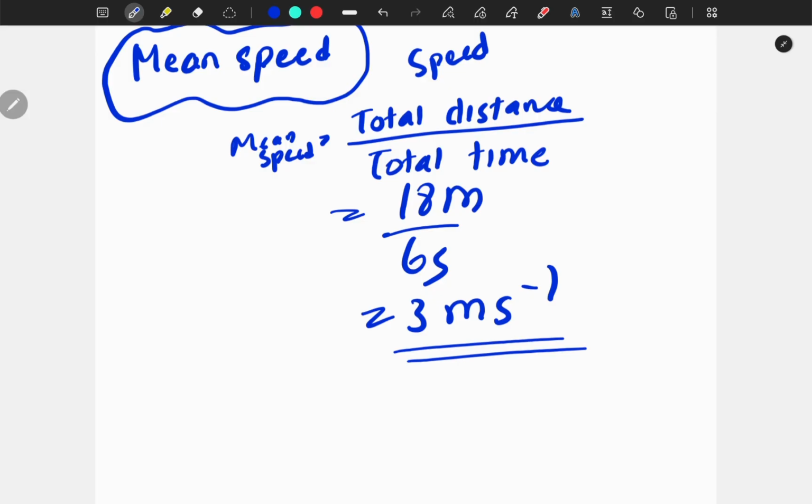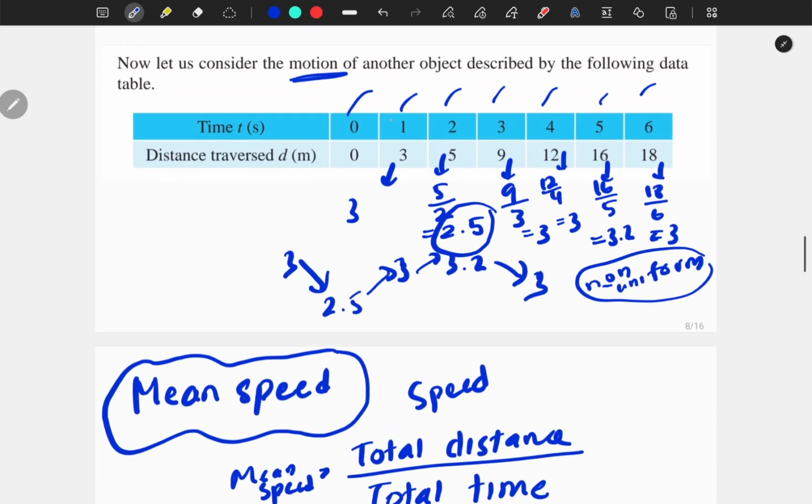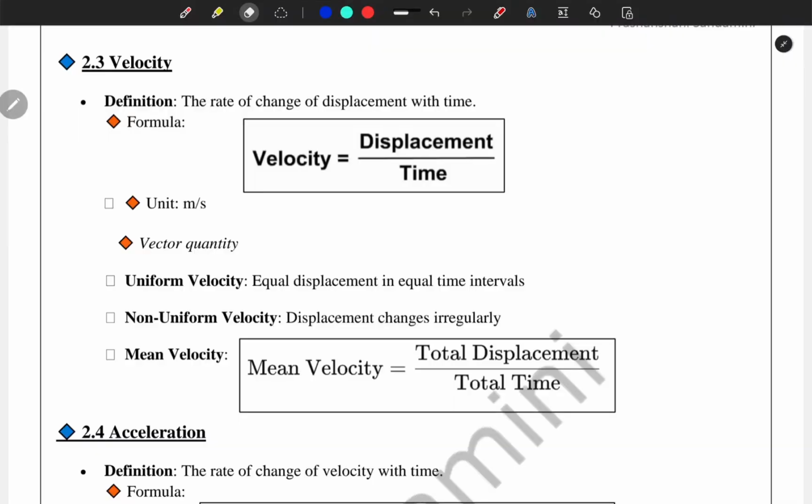It doesn't mean that at every point it's 3 meters per second of speed. It means if you take the overall, you can get an idea that it's close to 3 meters per second that the object is traveling. That's the main idea. We are going to focus on the velocity now.